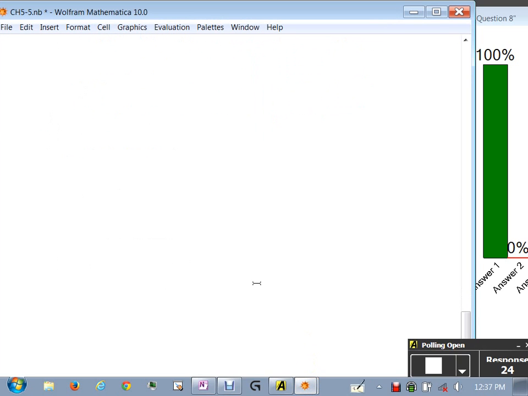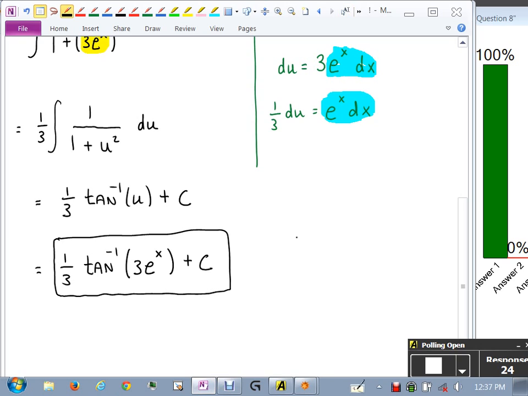I didn't put the homework assignment here, so I'll just write it down. For your homework, this is section 5.5. I don't know what page it is. Numbers 1 through 36, all of them. So I would start with the odds, work your way through all the odds, then go through the evens, because the odds, the answers are in the back of the book.